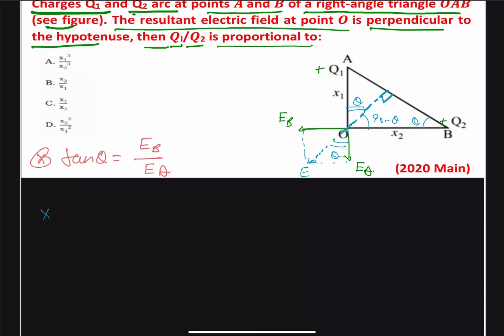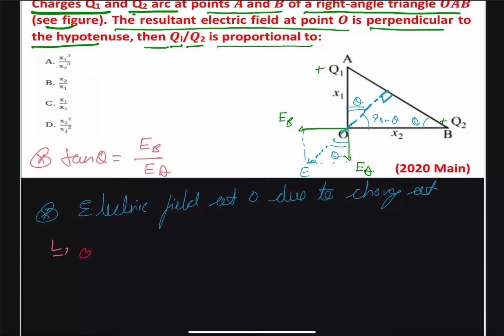We can say the electric field at O due to the first charge, let us suppose the charge at A, at distance x1.